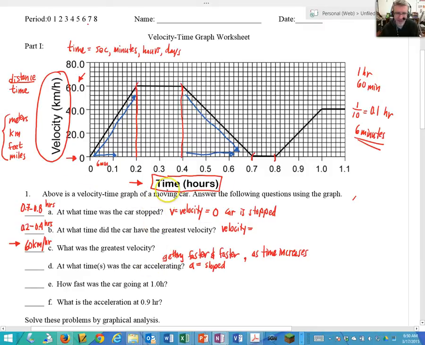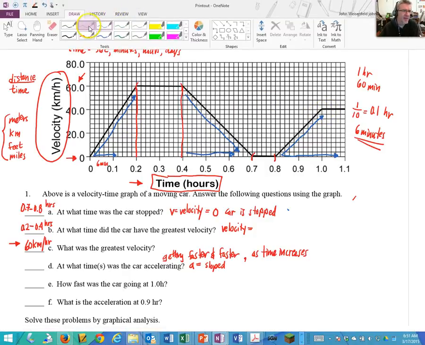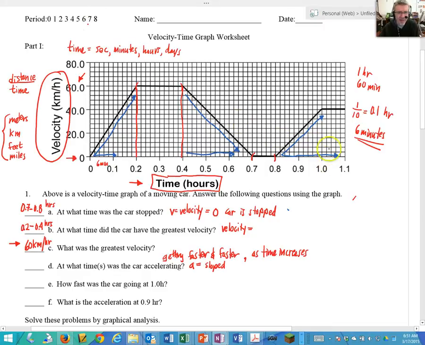We'll do that to you a lot in science and math, right? And then here, as time increases along this axis, my velocity increases here. And then here, my velocity is staying constant. So we're going to ignore those two parts where the velocity is staying the same, which I put in brackets right there. So here, velocity is constant. So let me just write that here.